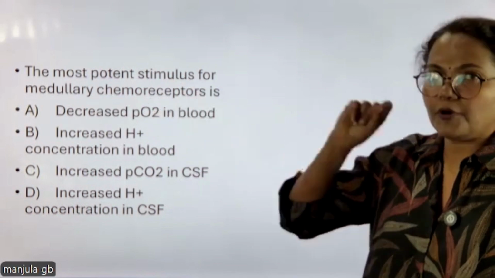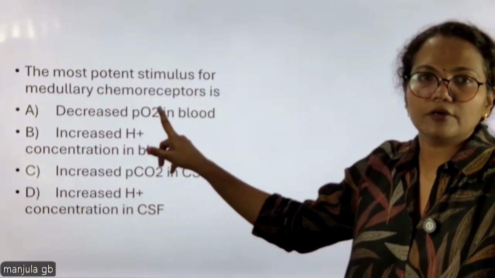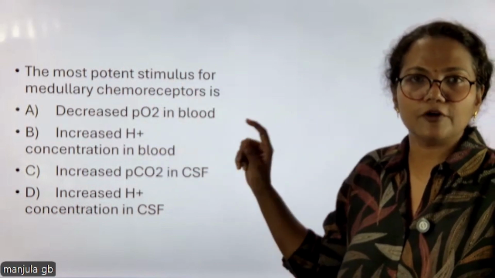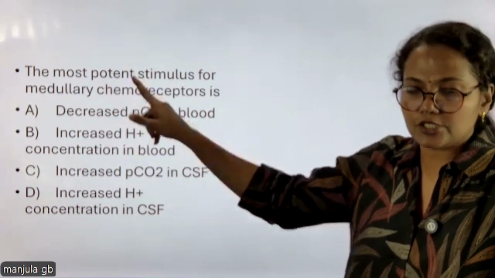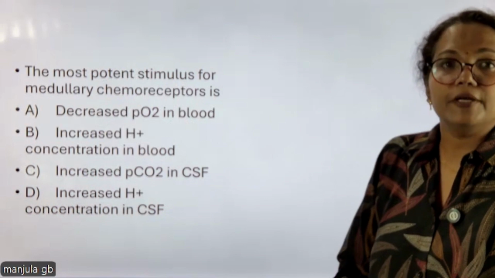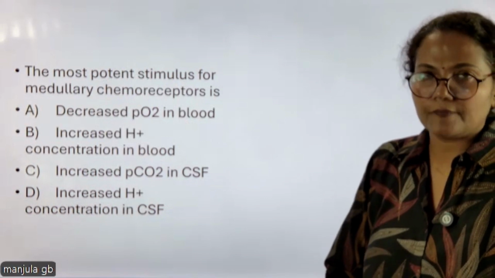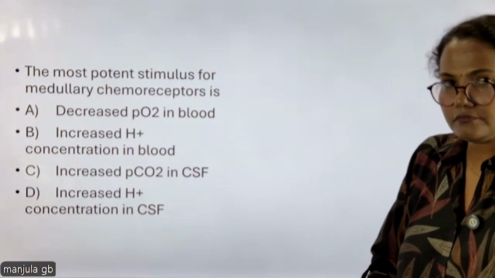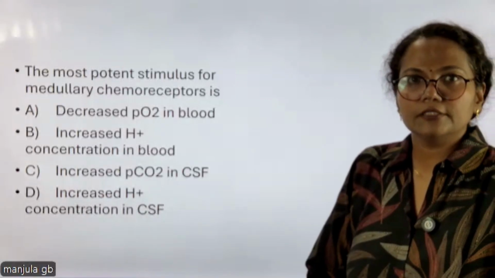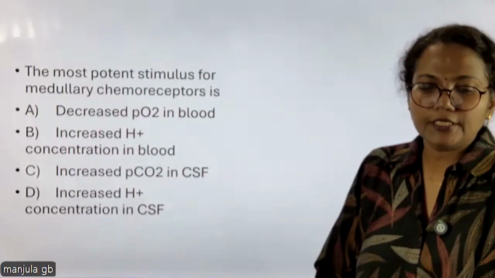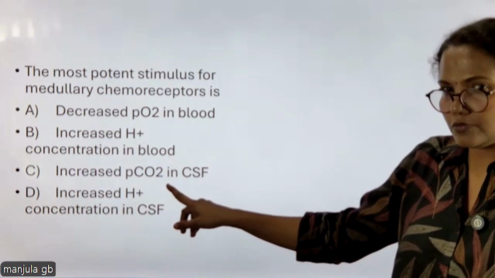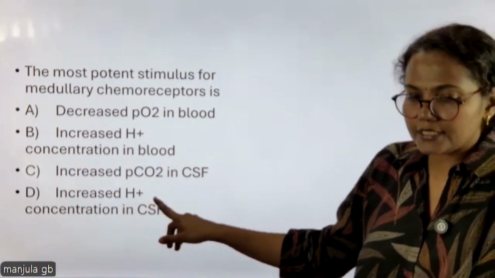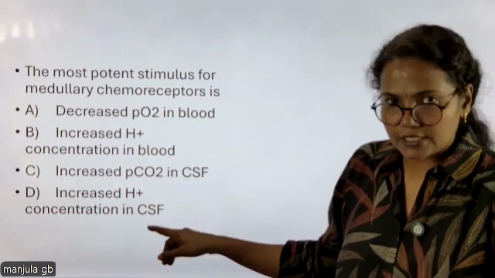Medullary most potent stimulus. Okay, the key word is here, the most potent stimulus for medullary chemoreceptor is, what is it? Decreased PO2, increased H+ in the blood, increased PCO2 in the CSF, increased H+ in the CSF.